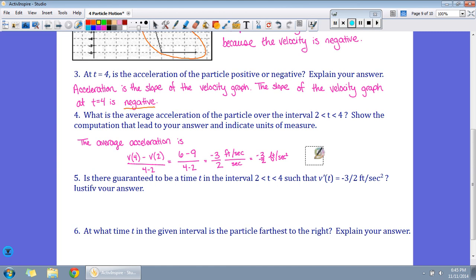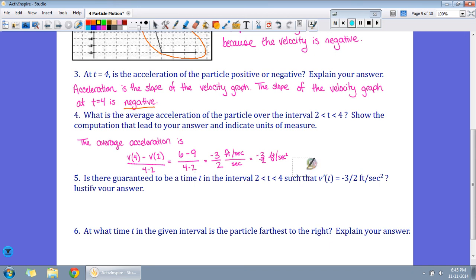All right, question 5. Is there guaranteed to be a time in the interval from 2 to 4 where the derivative of velocity, or acceleration, is negative 3/2 feet per second squared? All right, this is basically a mean value theorem question.